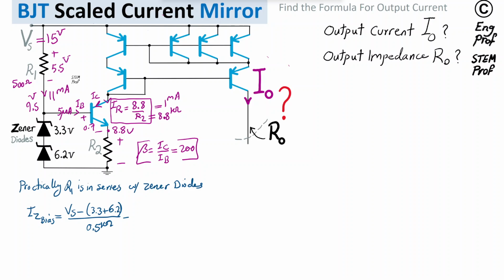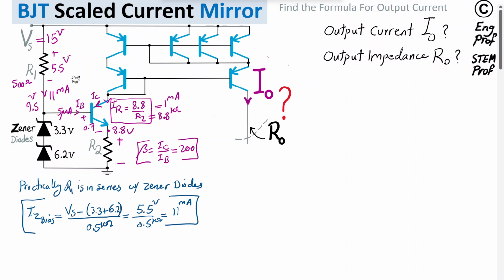So exactly as I did, we ended up with 5.5 volt divided by 0.5 kilo ohm, which gave us the 11 milliamp that we computed for the bias current of the Zener diodes, which is pretty good. Even if the 15 volt drops a little bit because it's not necessarily a very regulated supply voltage, then we are not worried about this reducing that much, and therefore the Zener diodes remain well biased. Now let's focus on what happens on this side of the circuit, the actual current meter.